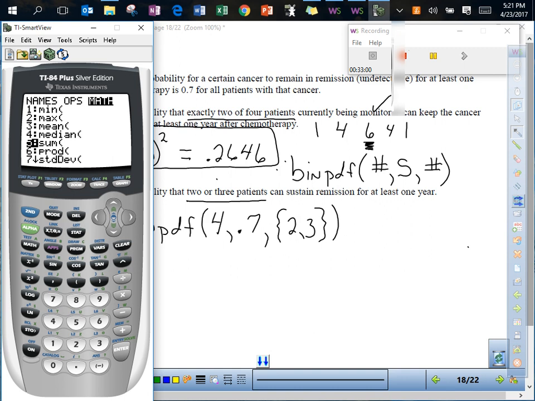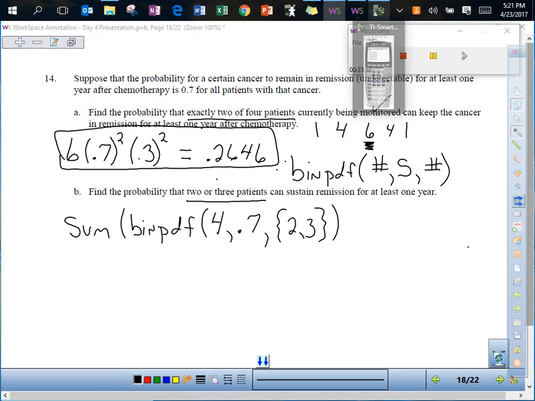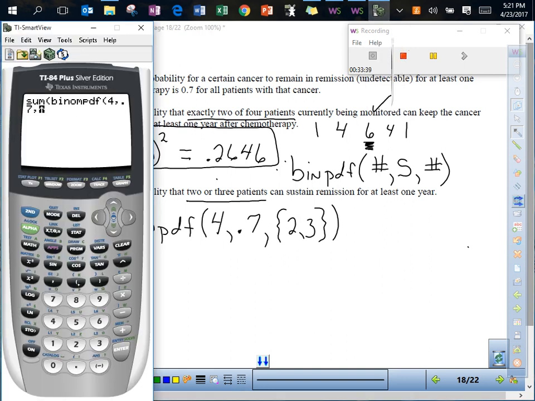Now I need the binomial distribution, so 2nd VARS, down to my A. Then I need to tell it I'm dealing with 4 people, comma. The success rate is 0.7, comma. And I'm going to go 2nd brace, 2, comma, 3, and I'm going to close that off.